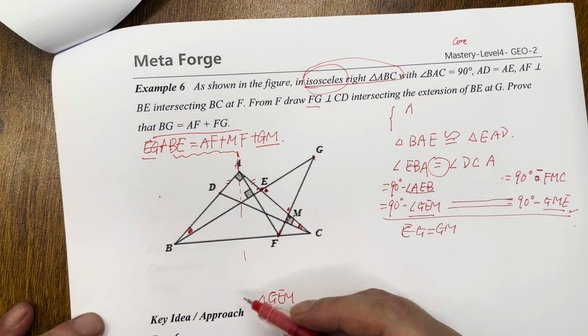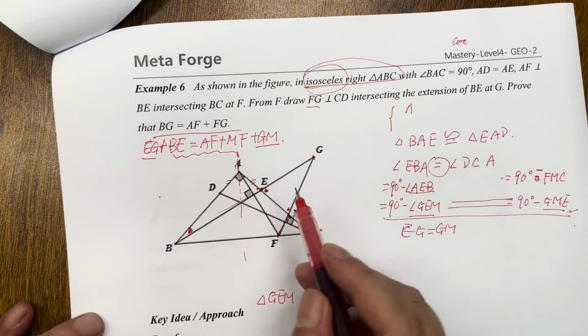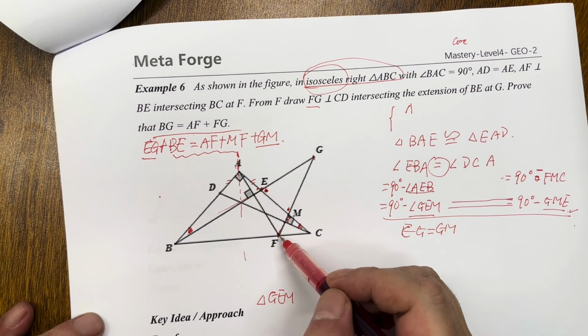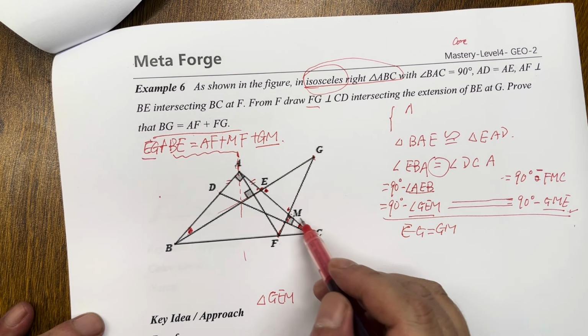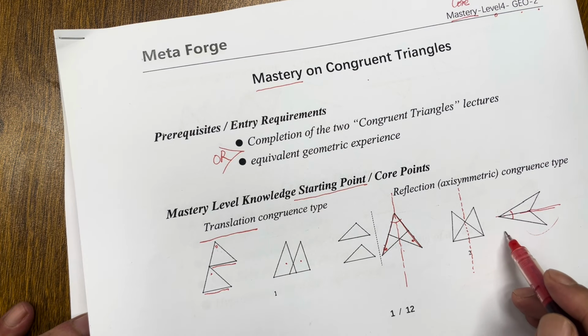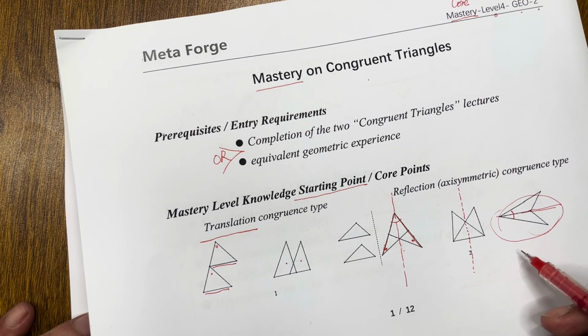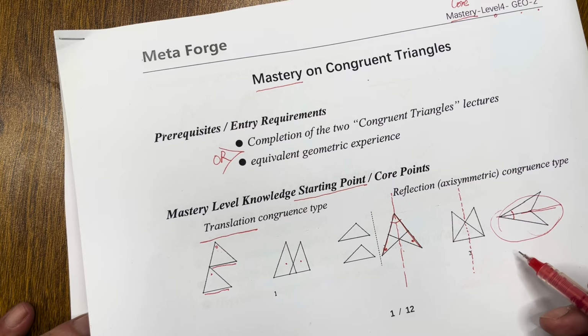The next one. How to prove BE equals AF? Add MC. This kind of conclusion happens with the symmetry axis.